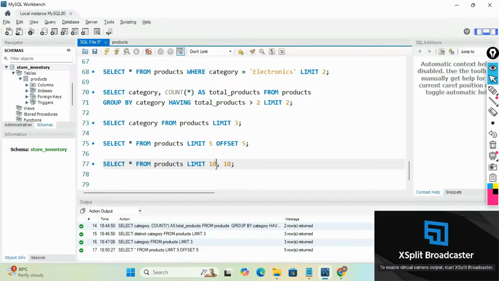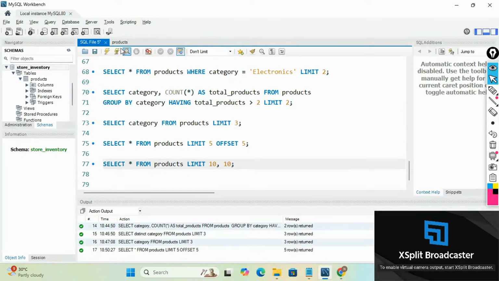The value that limit takes is 10. Then offset takes 10. So offset 10 means skip the first 10 records. Then limit 10 means the next 10 records should be given as output. First of all, do we have 20 records in the data?